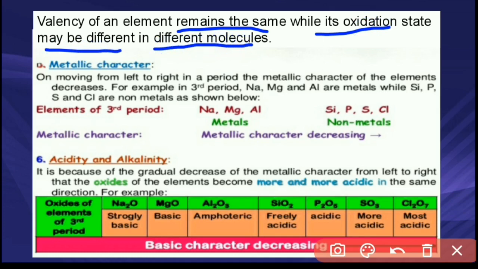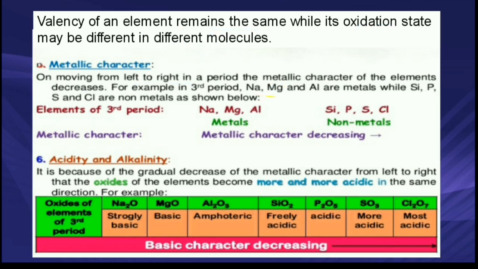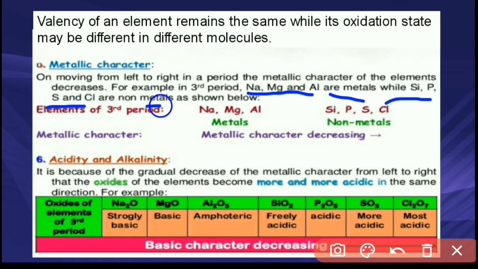Next property is metallic character. On moving from left to right in a period, metallic character of elements decreases. For example, in the third period, sodium, magnesium and aluminium are metals, while silicon, phosphorus, sulfur and chlorine are non-metals, as shown below.